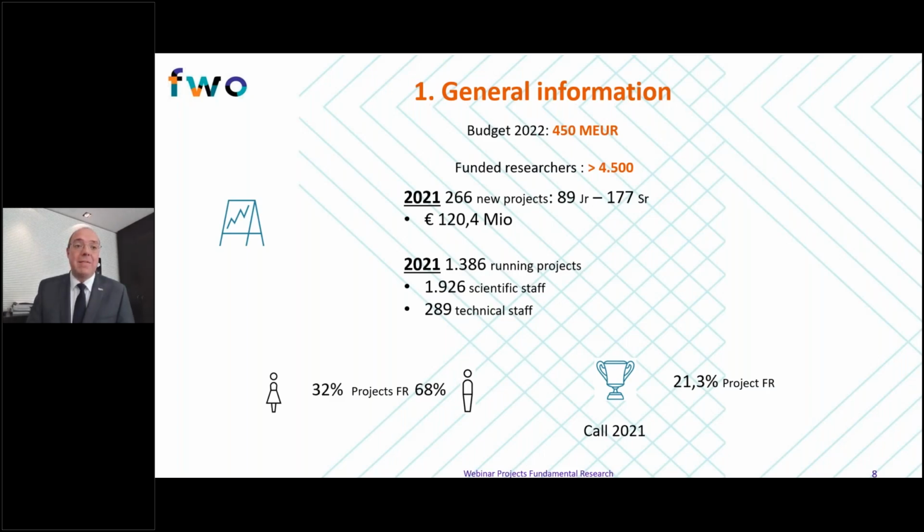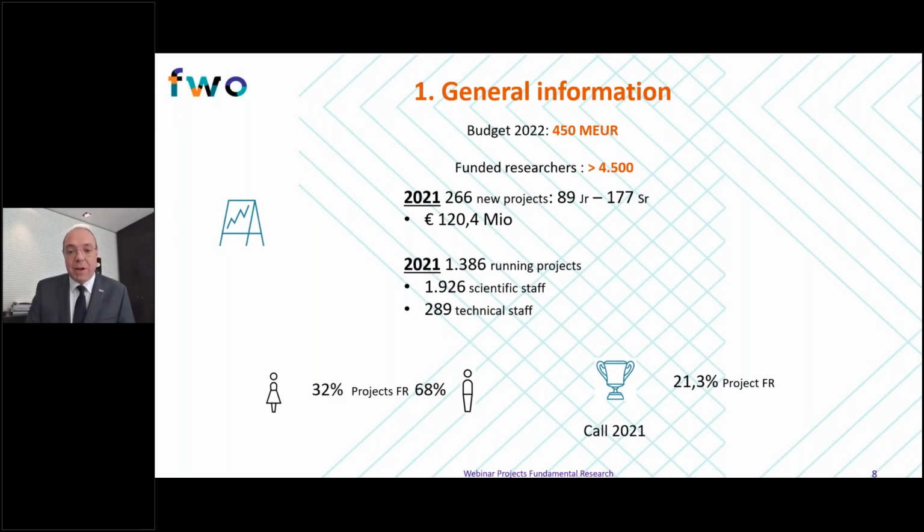When we look at the gender balance, you see that almost 1/3 of the projects has a female PI. That's an important element, and we have different trajectories running for the moment to increase that number of female PIs even more. In general, you see that the selection rate last year was approximately 21%.